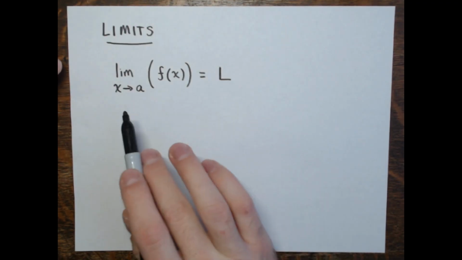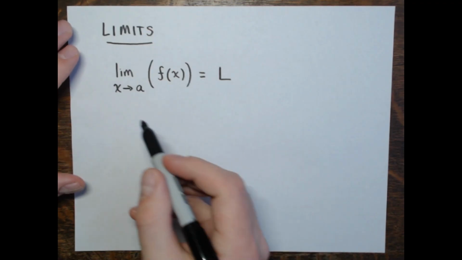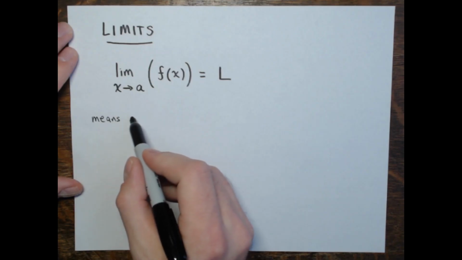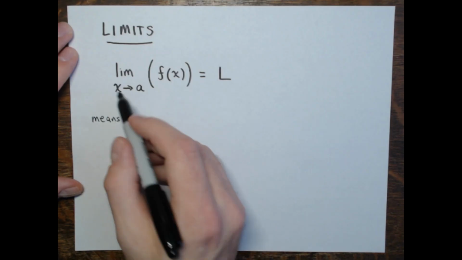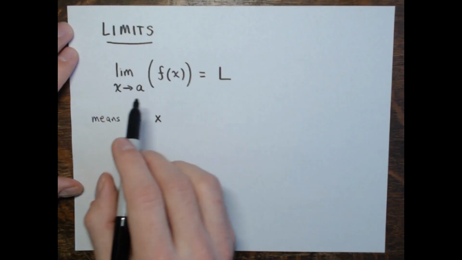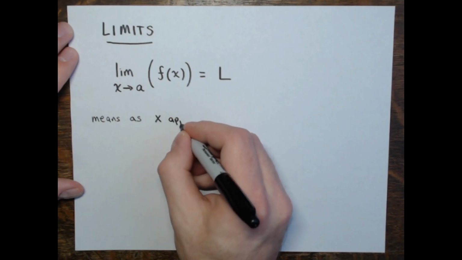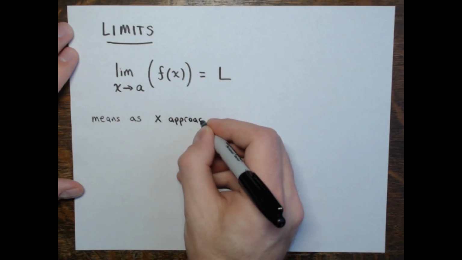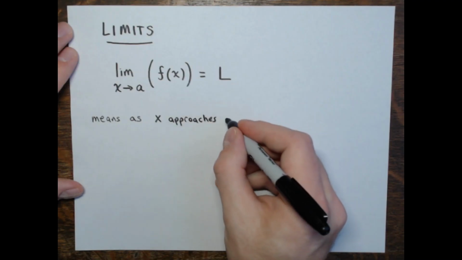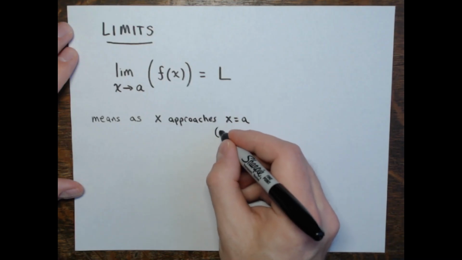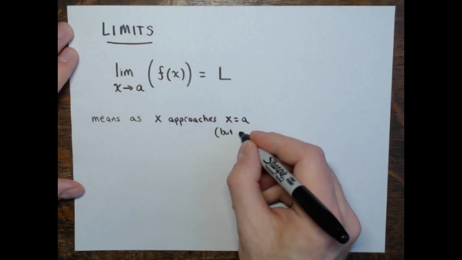So what this all means is that as x, right, so the value of x approaches, gets closer to x equals a, but not x equals a, right?